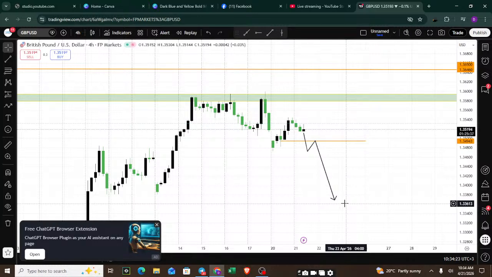So that is a 4-hour time frame. Remember, all these biases we are getting them from the 4-hour time frame. Okay, we have not yet gotten into any trades. We are trying now to map out the possible areas of interest. So this area of interest, let us drop to the 1 hour.